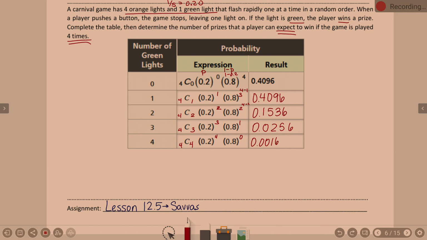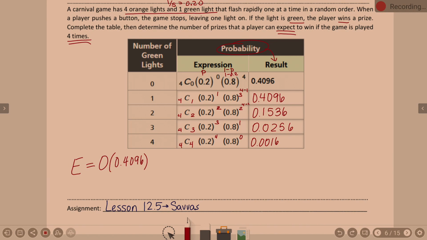Number of prizes we can expect to win. Okay, what are these? These are the probability results. So, what are we going to do with this? Probability of winning 0 times, 0.4096.